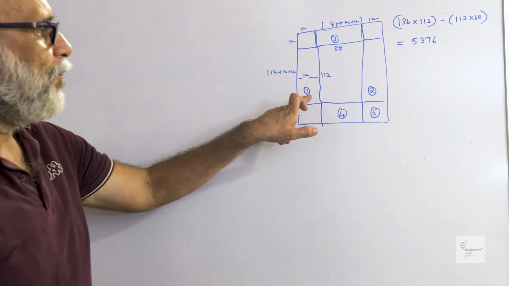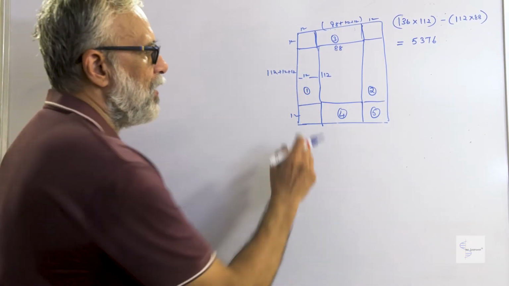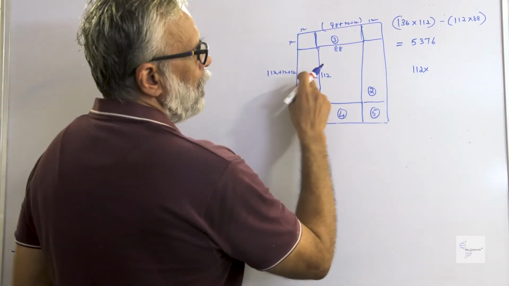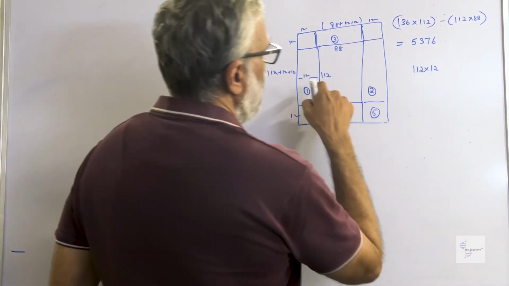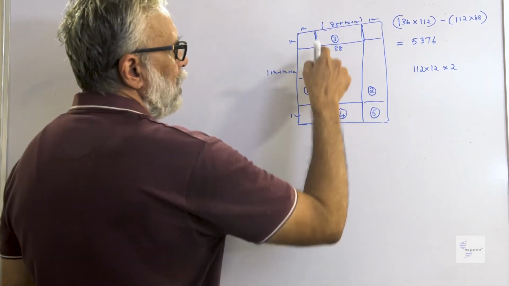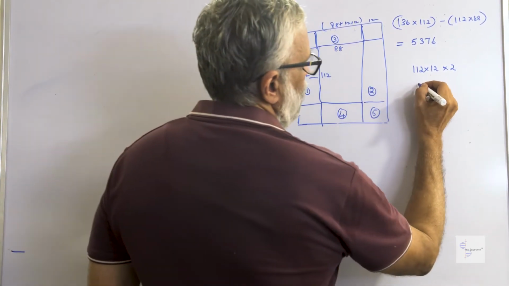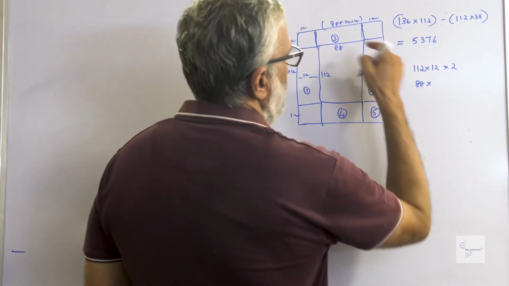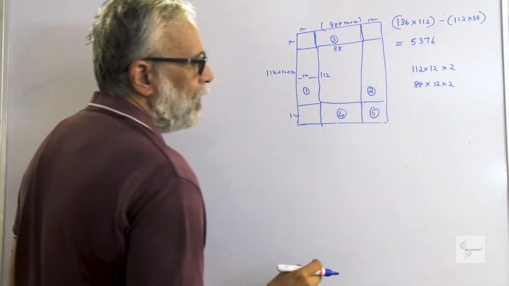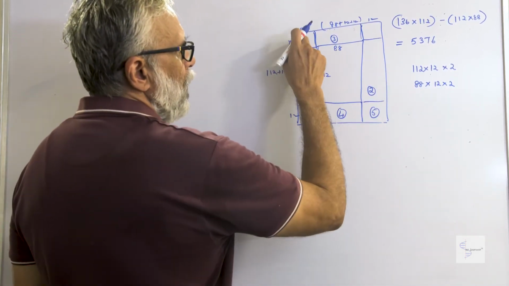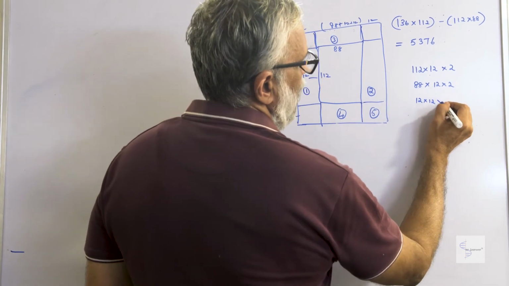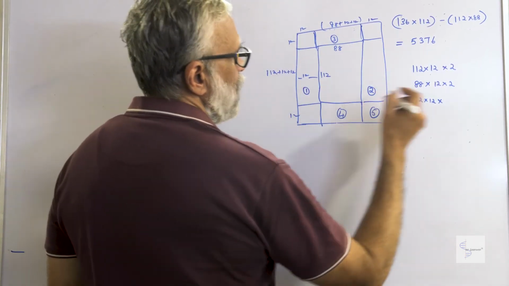So if you see, the area of this is nothing but 112 into the width of 12. And there are 2 such rectangles. These 2 rectangles, it is nothing but 88, again the width is 12, and there are 2 such rectangles. This is 12 into 12, and there are 4 such squares.